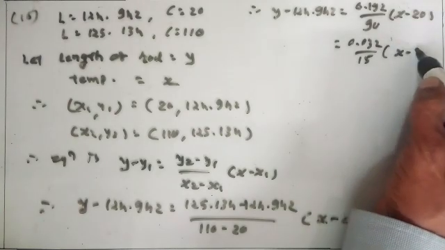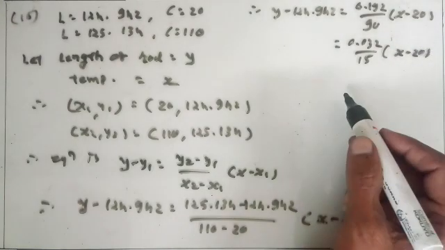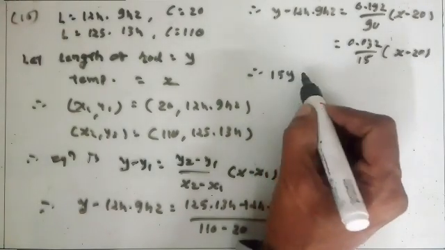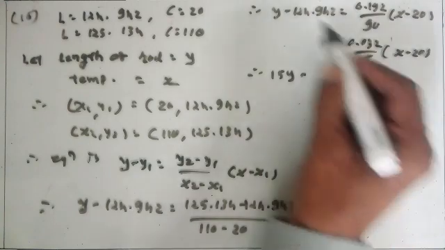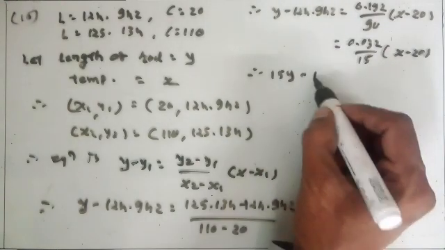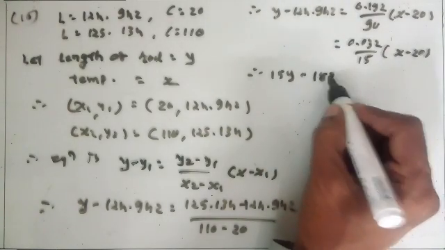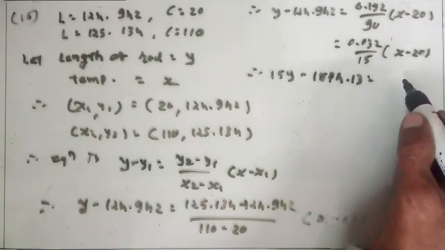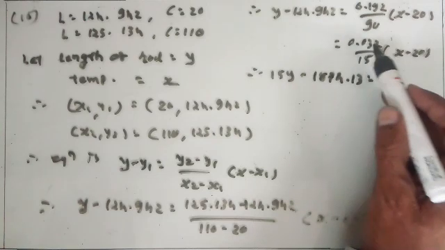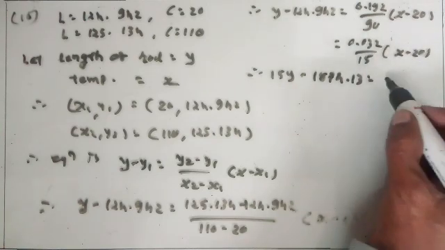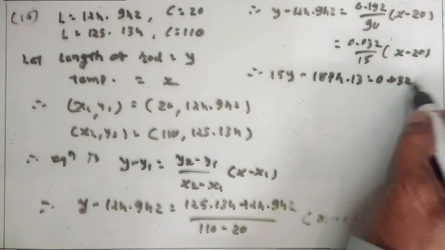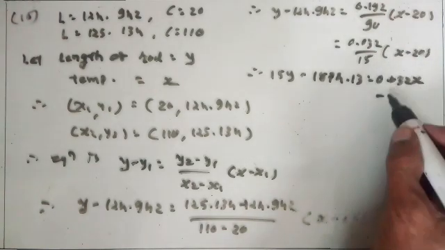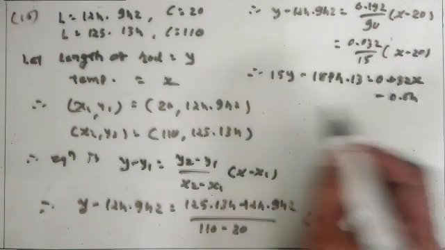Here x minus 20. Now simplify this. 15 take this side, so we get 15y minus product of 15 into this, using calculator we get 1874.13 is equal to 0.032 take inside, we get 0.032x minus product of these two is equal to 0.64.